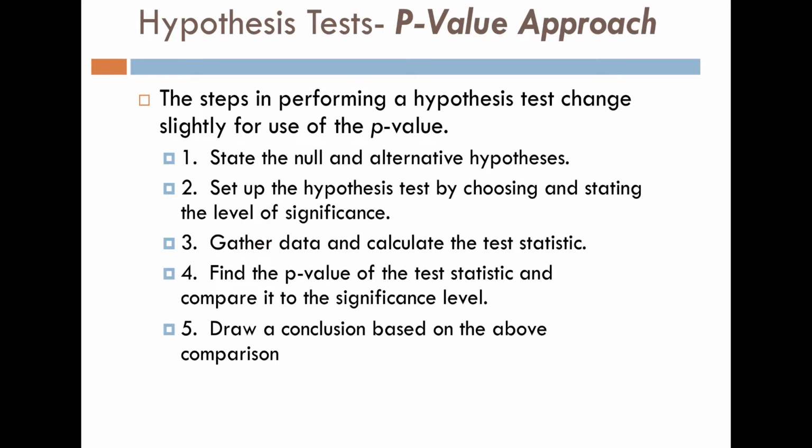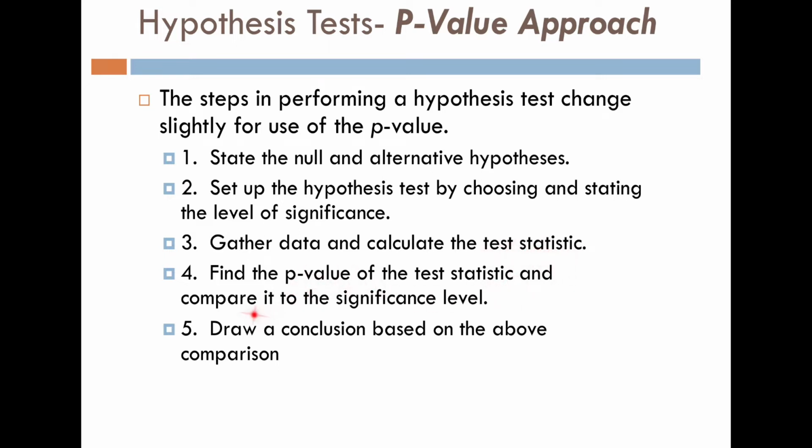And then we test our hypothesis by gathering data and calculating our test statistic, finding that z-value. After we found that, we can find the p-value of the test statistic and then compare it with the significance level. The p-value will be the area to the left or to the right of our test statistic, depending on what type of test, whether it's left-tailed, right-tailed, or two-tailed.